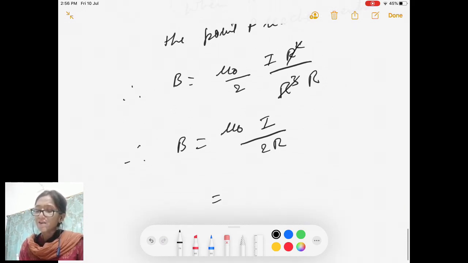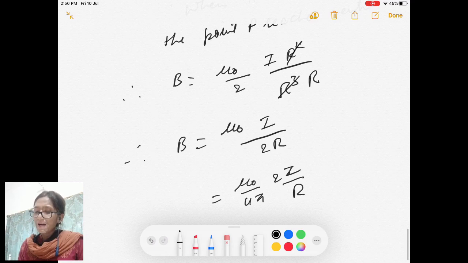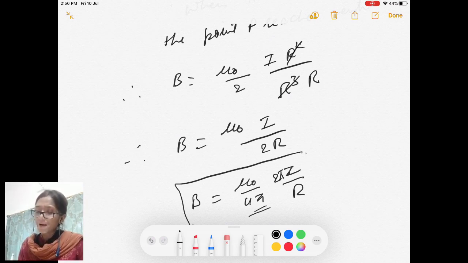You can also write it in this way, mu naught by 4 pi into 2 pi I upon R, so that B can be written in terms of the magnetic constant, mu naught by 4 pi.